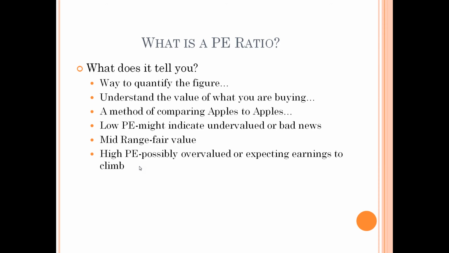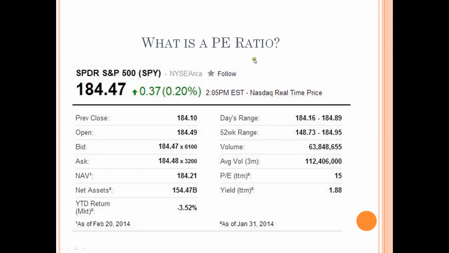And I wanted to show this next slide because it's a good starting point for understanding if a company is undervalued or overvalued based on the PE ratio. And this right here is the SPDR S&P 500. So if you're looking at an American company and just across the general American stock market, you look here, the PE ratio right now for the average company in the S&P 500 is 15.